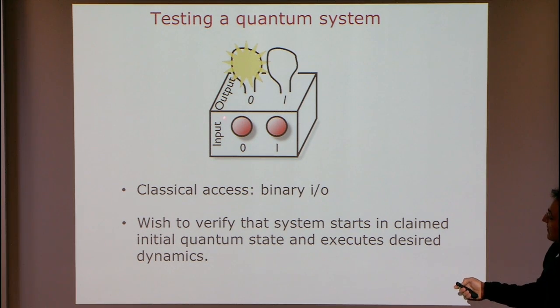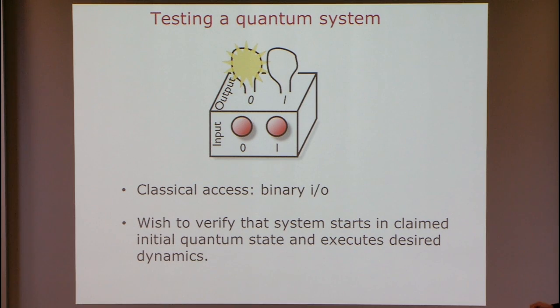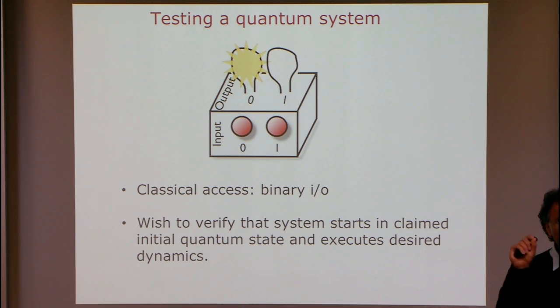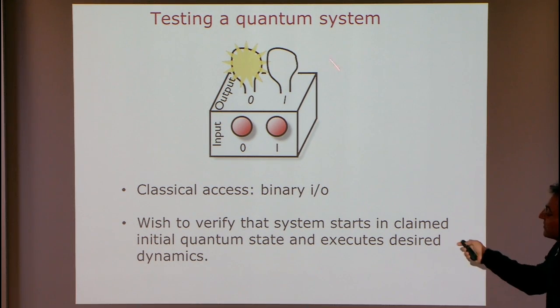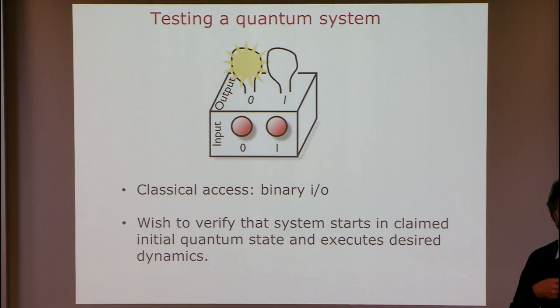And just to underline this fact, the input is in the form of one of two buttons labeled 0 and 1, and the output is in terms of one of two lights, each labeled 0 and 1. And so that's how we communicate with the device, which might be exponentially powerful, which is supposed to be performing some functionality. So how do we actually verify that it does have that functionality, or that what's going on internally in this device is what we expect?